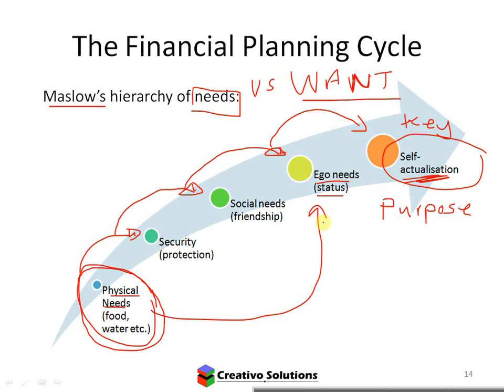The wants would be the luxuries, but not so much the ego, because with food we can get something very luxurious versus basic food. Bread and milk would be your basic necessities, and then you get caviar and lobster and all of those fancy meals.